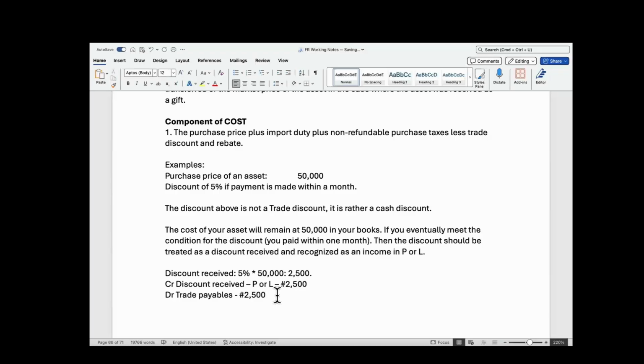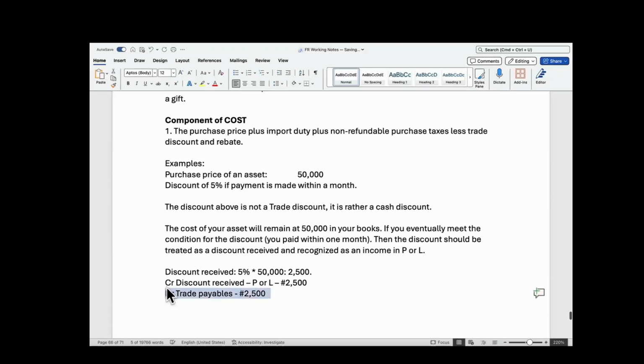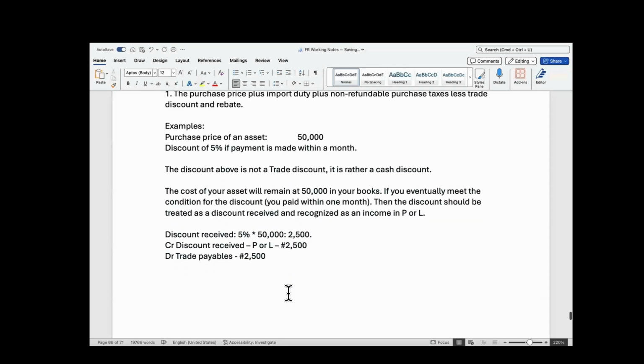Because all you have reduced is your liability. It has reduced your liability for you. So this is not the discount we are talking about.